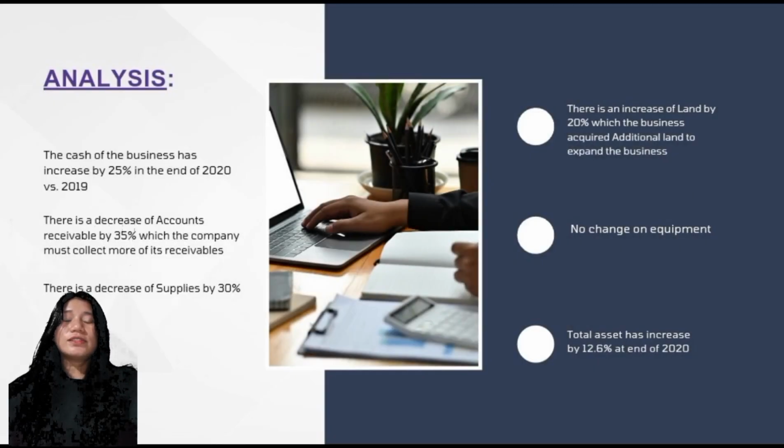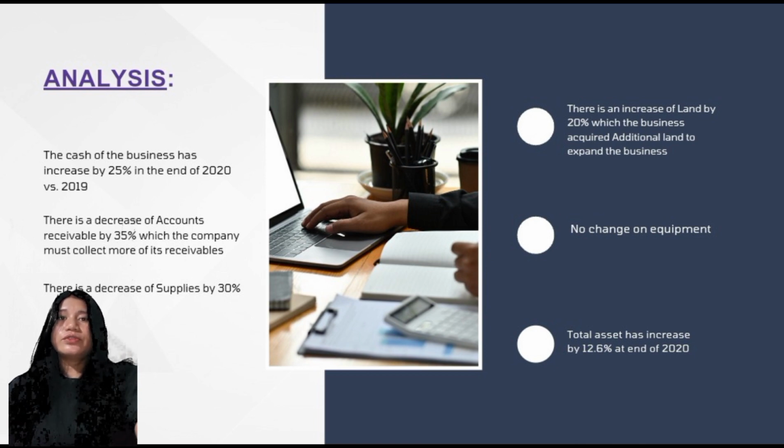In the analysis, to sum it all up, after computing all of those assets and their amount change and percentage change, the cash of the business has increased by 25% at the end of 2020 versus 2019. There is a decrease of accounts receivable by 35%, which means the company must collect more of its receivables.